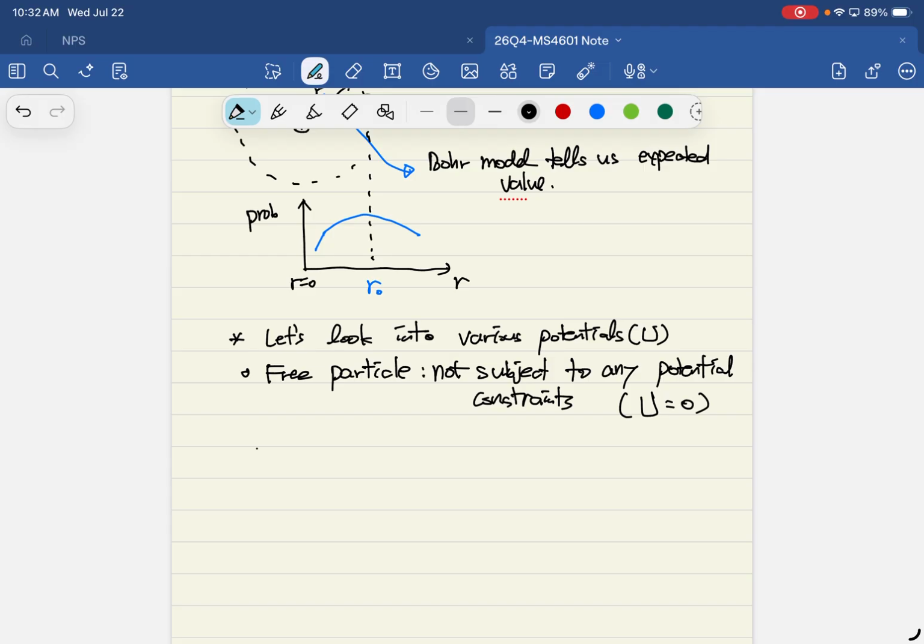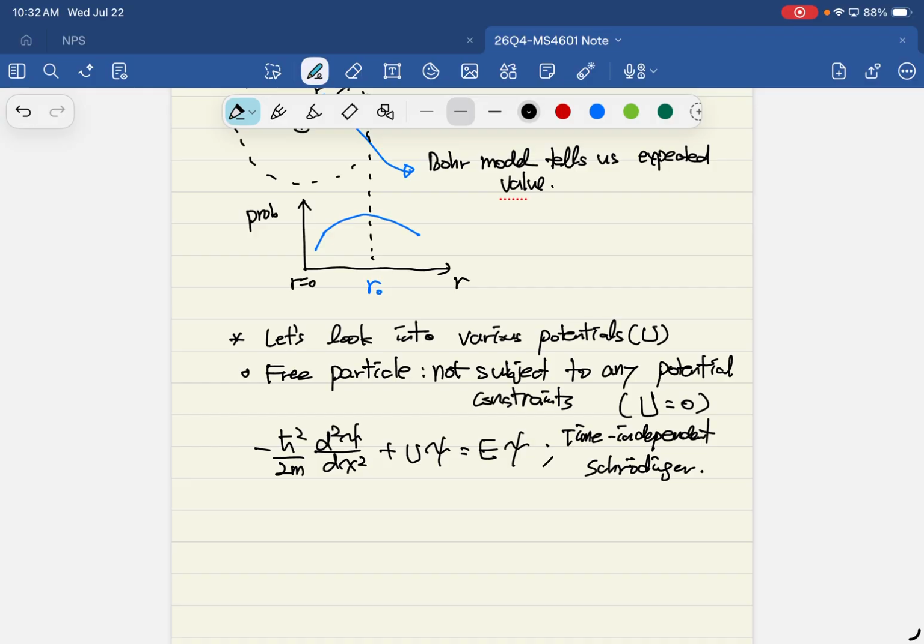For this, we are going to apply it to the Schrödinger equation, the time independent Schrödinger equation.